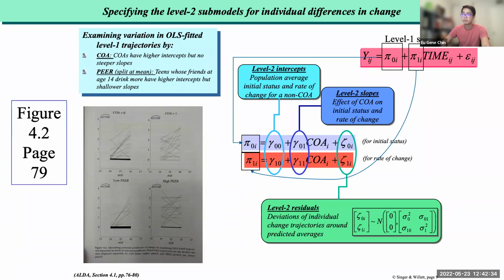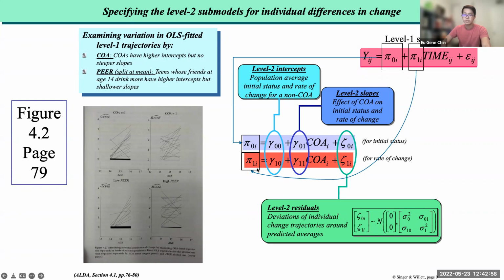Gamma 01, on the other hand, represents the effect of having parents who are alcoholics. And what does that do to the population's average initial status? And zeta 0i represents the deviations from that population initial status.